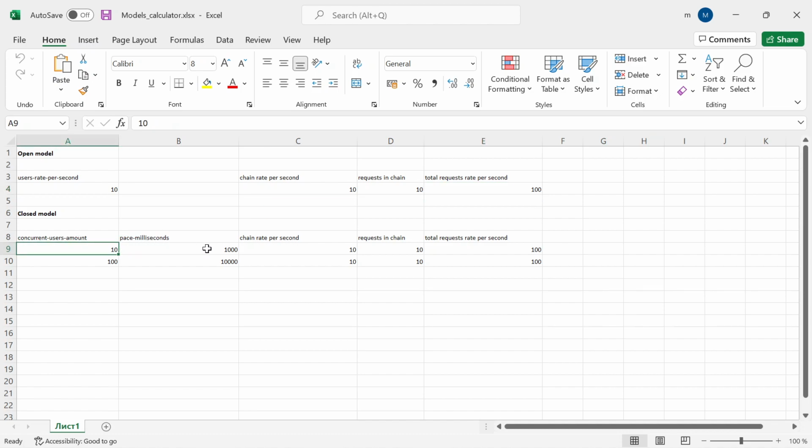So, with 10 users and a period of 1000 milliseconds, we will get the rate of execution of chains as 10 chains per second. And since each consists of 10 requests, the total rate of requests will be 100. The same rate can be obtained if you set 100 users, where each user executes one chain every 10,000 milliseconds.